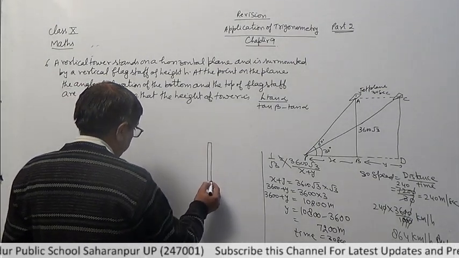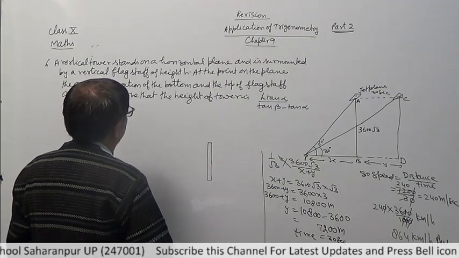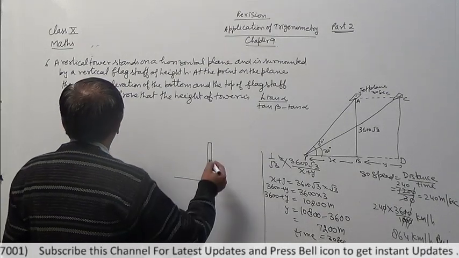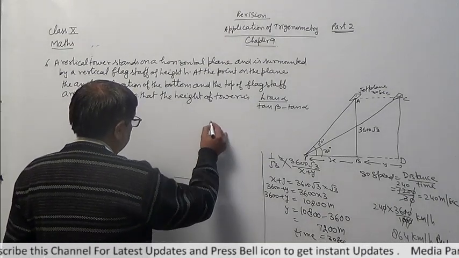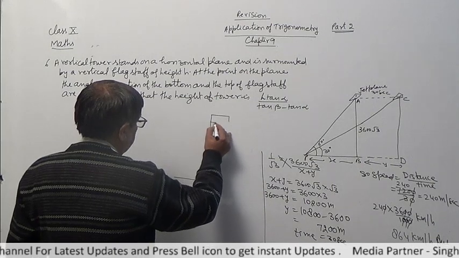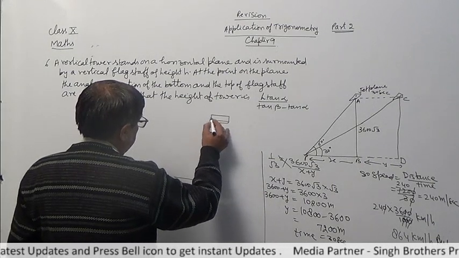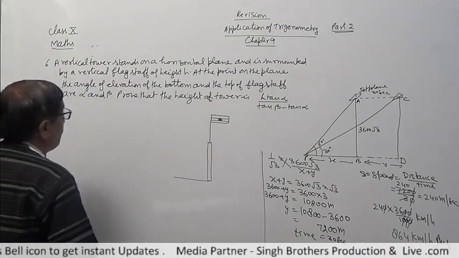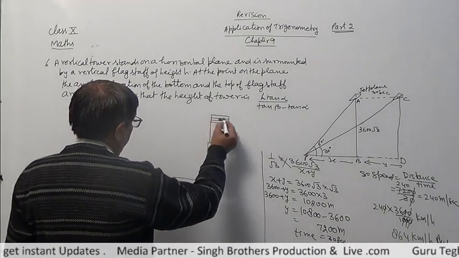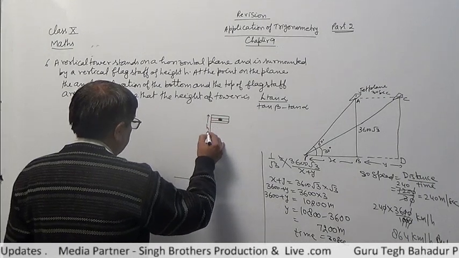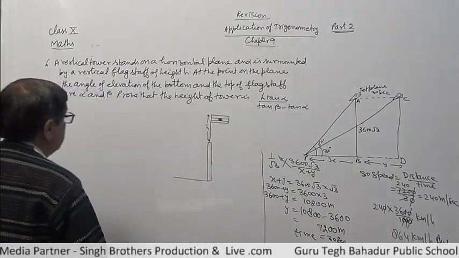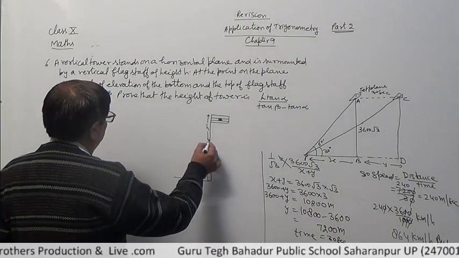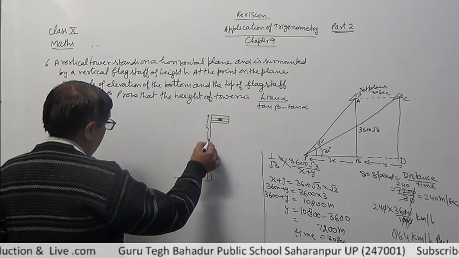This is a vertical tower standing on a horizontal plane and is surmounted by a vertical flagstaff. The height of the flagstaff is h. At a point on the plane, the angles of elevation of the bottom and top of the flagstaff.